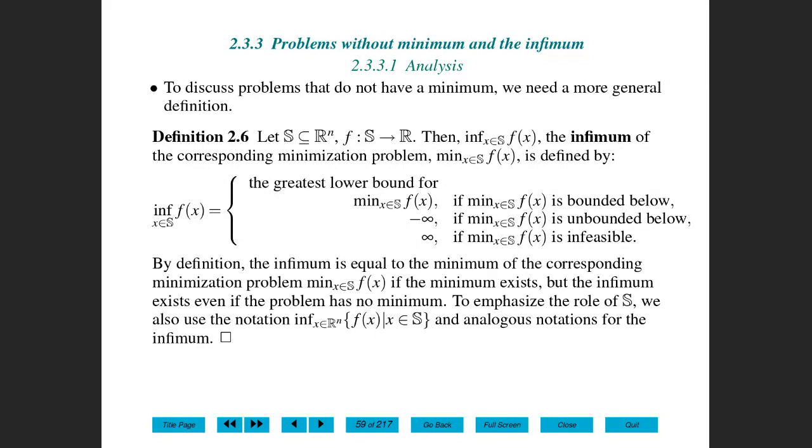Yeah, that's a very good question. The reason is, just to encompass everything. Many functions would have a lower bound, and otherwise we would need both the minimum and the infimum, two things.